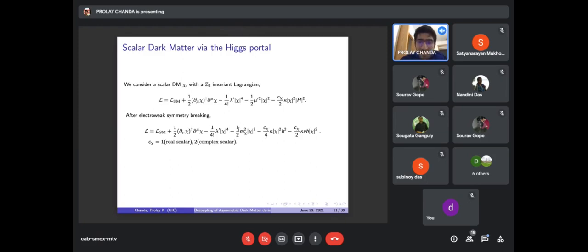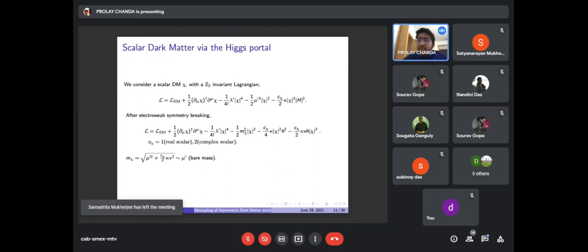Now this mass term, the dark matter mass term, actually has a correction term which depends on the coupling, but what we see in our choice of parameter space is that the dark matter mass is mostly equal to the bare mass, so we do not consider this dependence on the coupling.